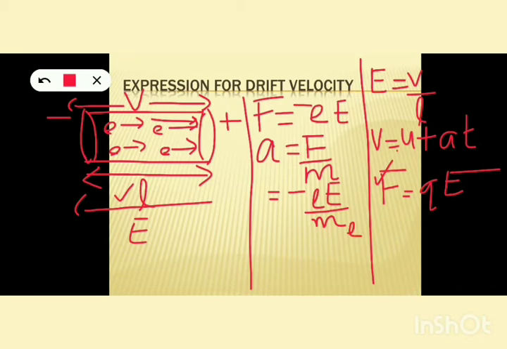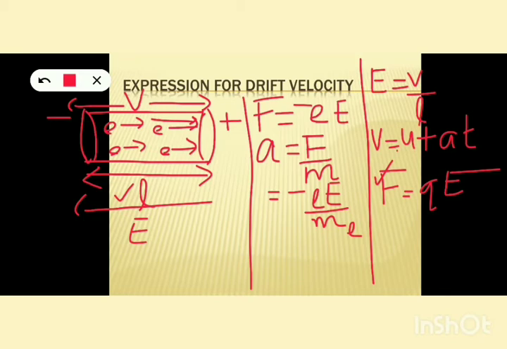So instead of m, we can write m suffix e, which represents the mass of the electron. Then the gain in velocity due to this acceleration is lost during collision with positive ions. So you may think these positive ions also experience a force, but they won't move. They experience a force, but they won't move because they are heavy.